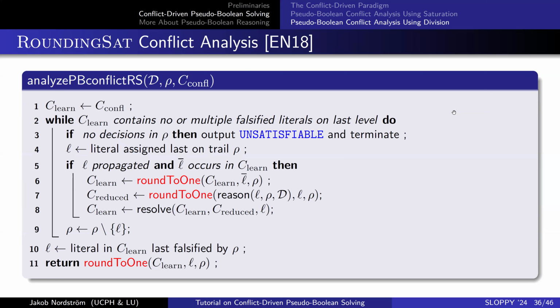So I think what we had in 2018 was that we actually applied the reduction method to both the conflict side and the reason side constraints. And then when you're done and want to learn the constraint, we do a final reduction also, which is also related to Pierre's question.